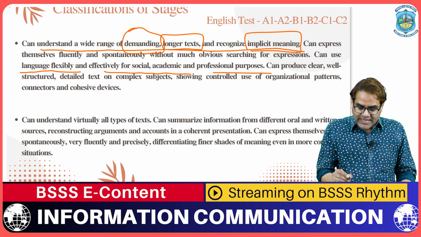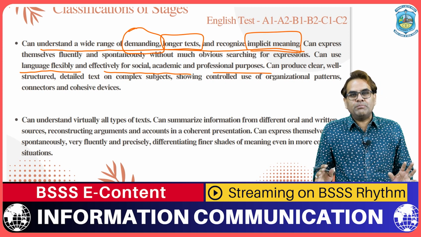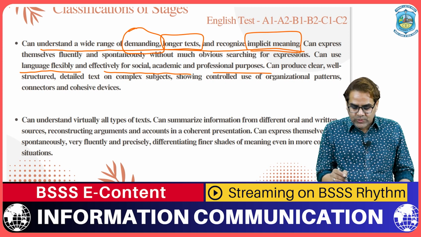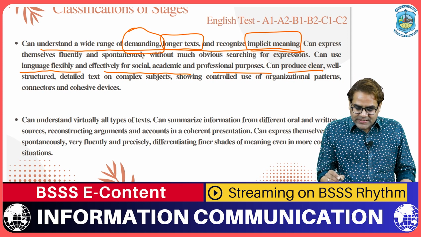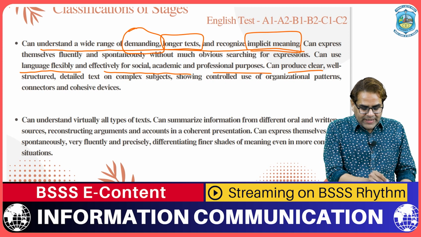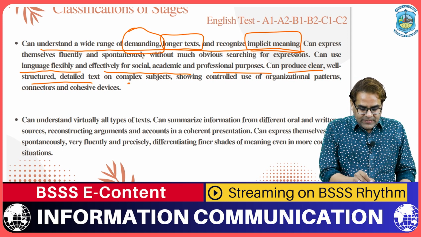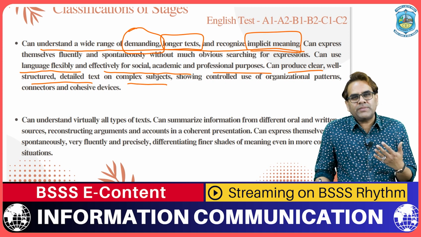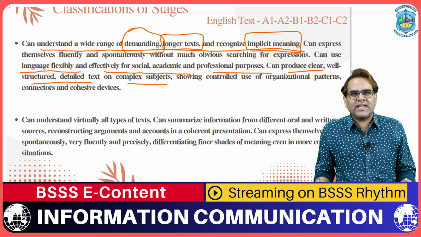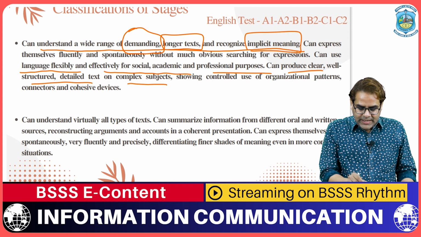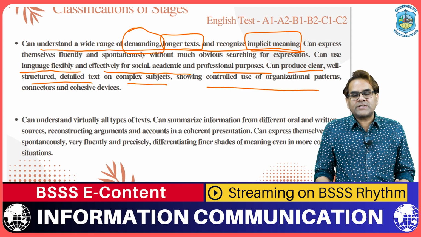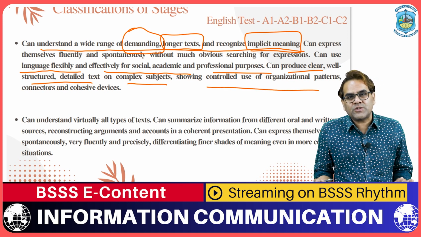In this part of the stage, that is the stage between B2 to C2, we see that the words and sentences are produced clearly. They are well structured. The text is very detailed. The subjects perhaps can be complex, but the office people can understand it very well. But of course, those patterns are very controlled patterns or structures.